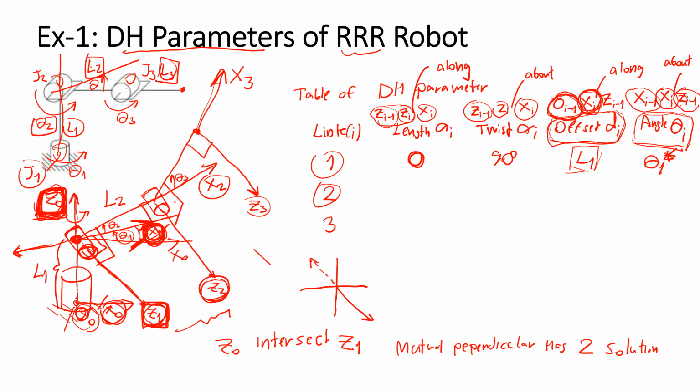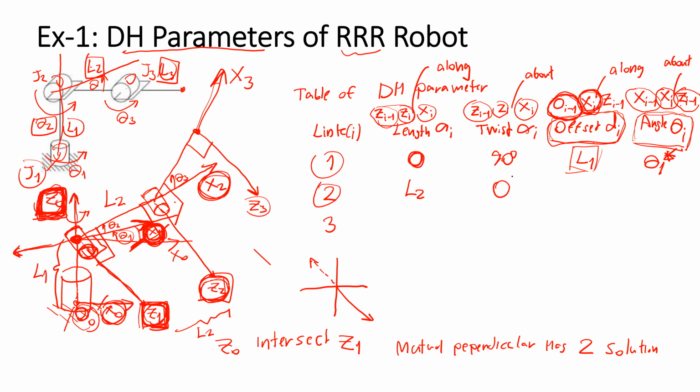So the length between Z1 and Z2 along the X2 axis will be L2. The twist is the angle difference between Z1 and Z2. They have the same direction, so the angle difference is 0.